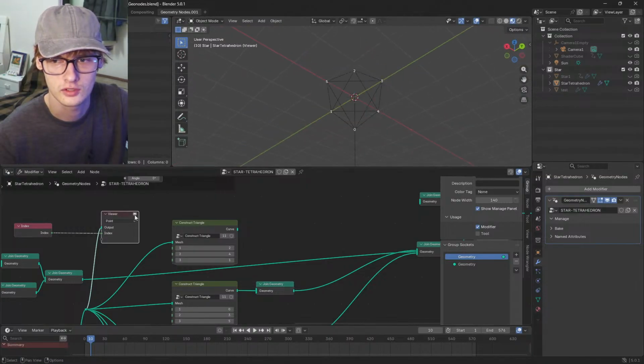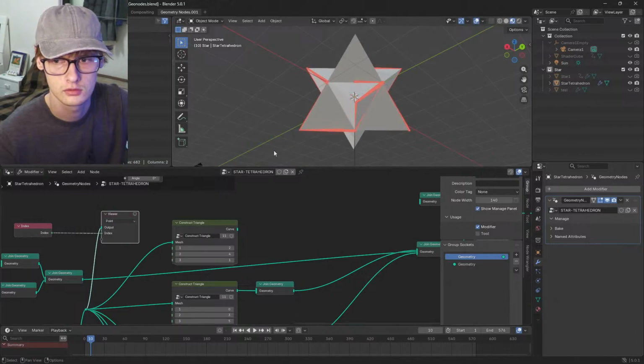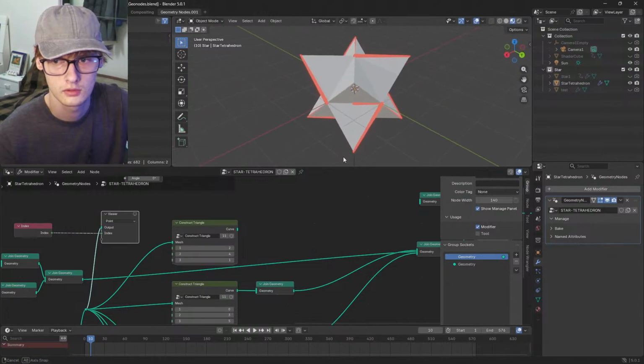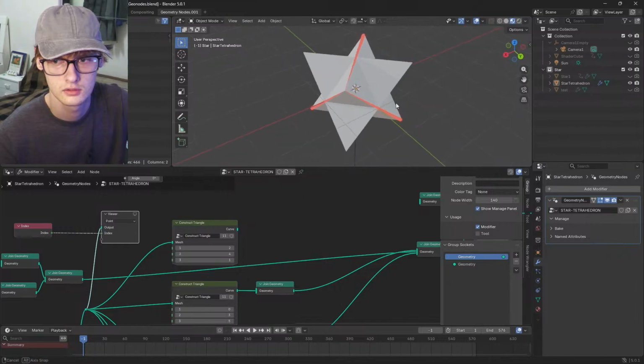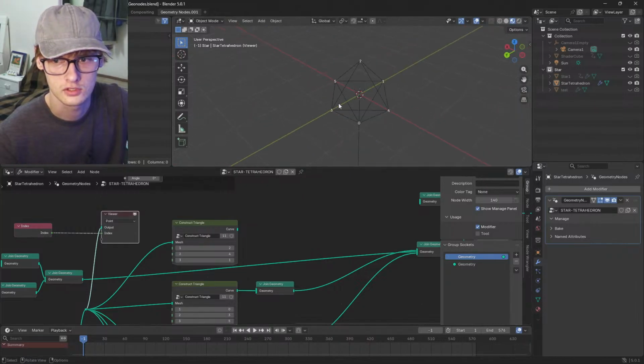So this triangle here, 0, 3, and 5. We go from 0, 5, and 3 in a clockwise direction. So now looking at this triangle here, the vertices are 4, 3, and 2.